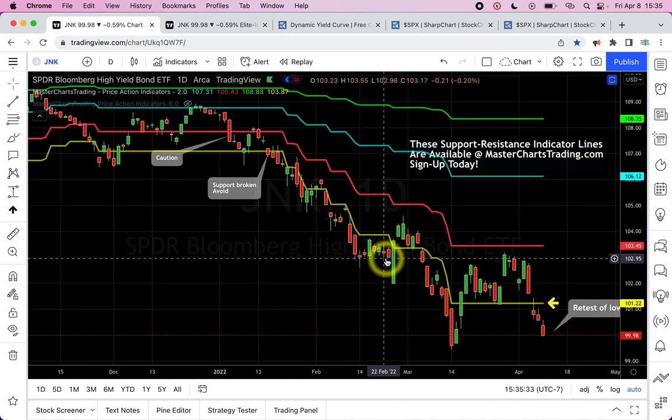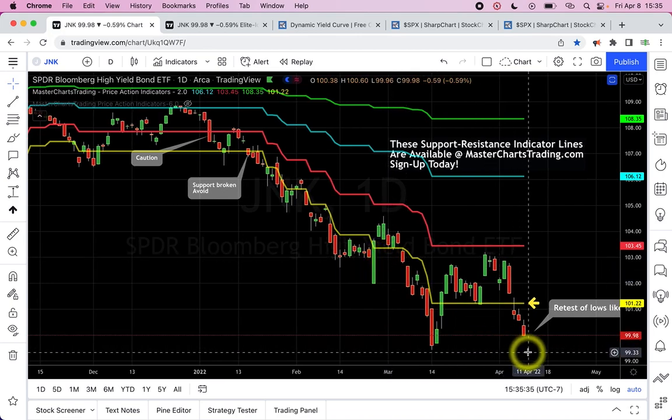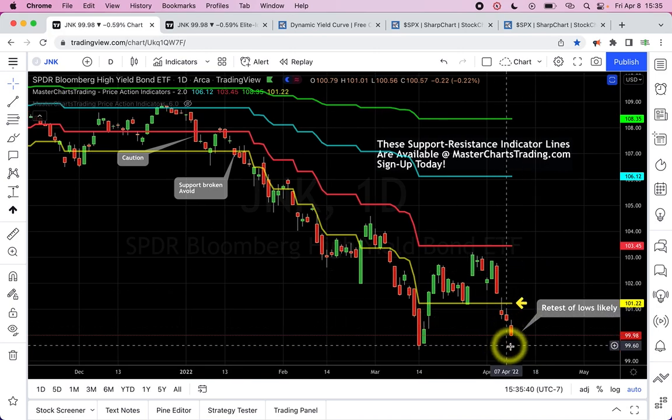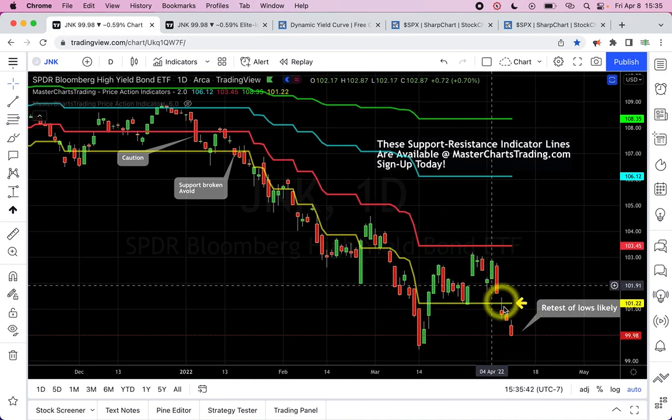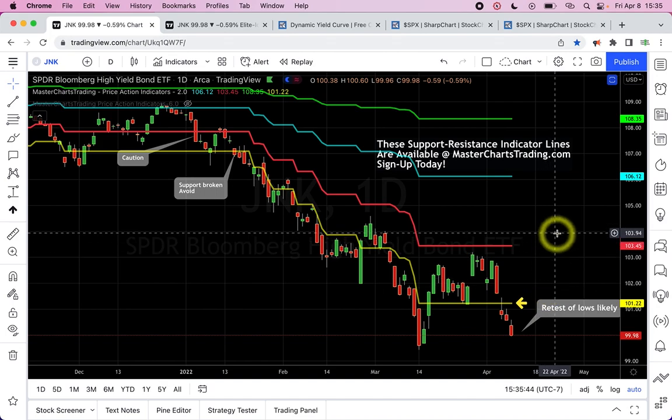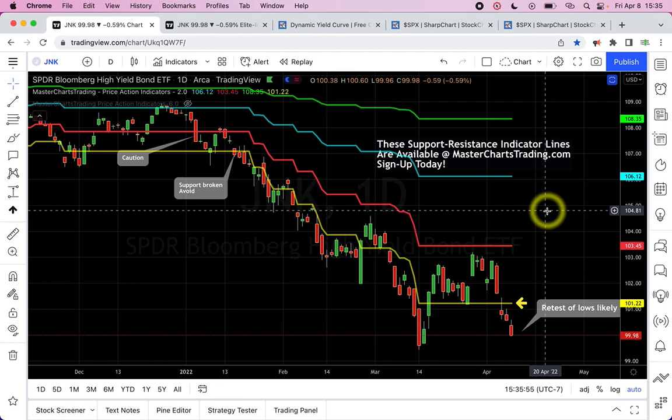So when junk debt is approaching new lows, it is making me very worried, because I think that it is going to be leading the S&P 500 lower, leading the stocks lower, and it's already doing that for small caps and for NASDAQ. S&P 500 for some reason is still holding on.